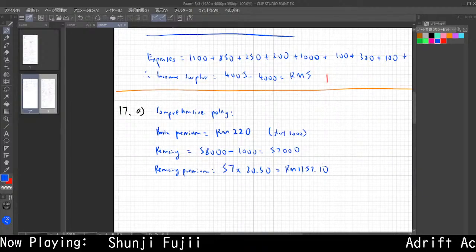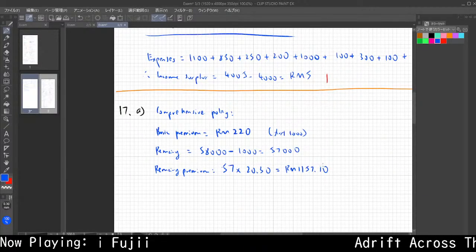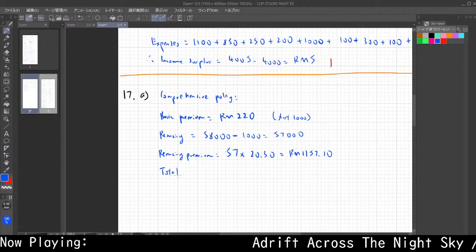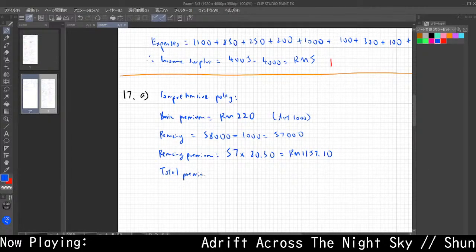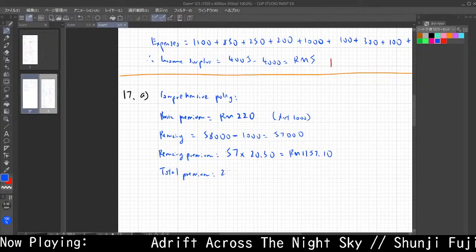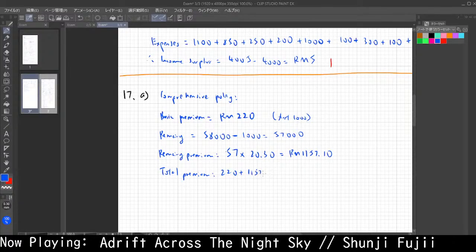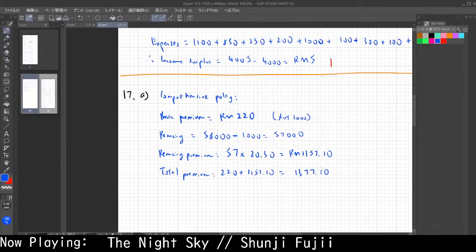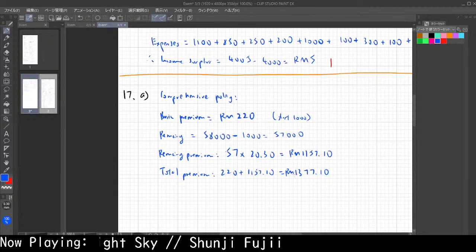So your total premium to be charged in this case is these two numbers added together, so you get 1377.10.